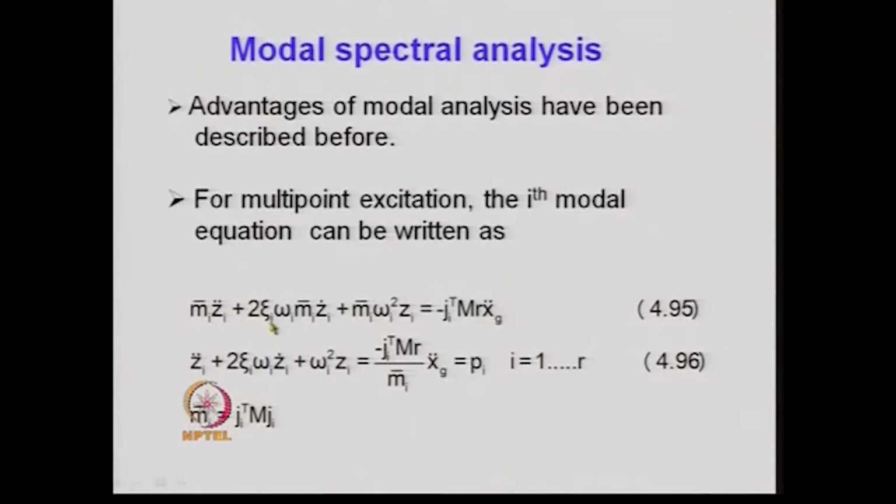So, the ith generalized displacement, velocity and acceleration are z i, z dot i and z double dot i, and m bar i is the ith generalized mass, and phi i transpose is the transpose of the ith mode shape, R is the influence coefficient matrix associated with x double dot g, considering x double dot g to be a multi support excitation.